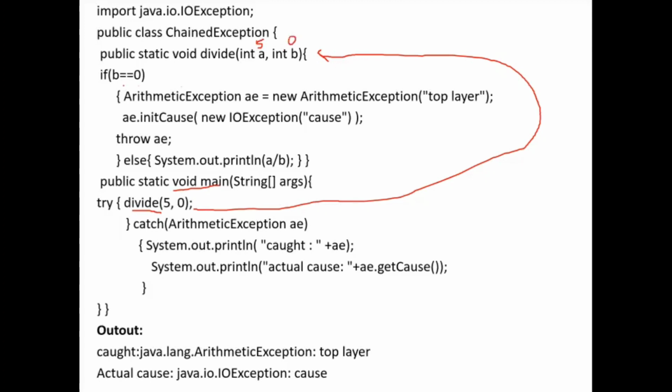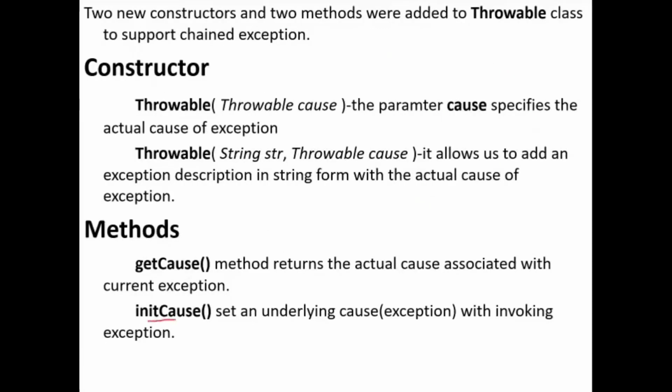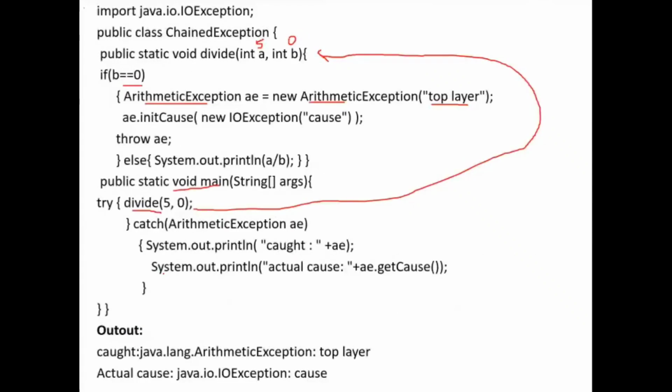Here I am checking if the B value is equal to 0, what type of exception do I have to throw? I have to throw an arithmetic exception, and here I am passing the top layer as the argument. In JDK 1.4, two methods are introduced, getCause and initCause. Here I have used initCause.